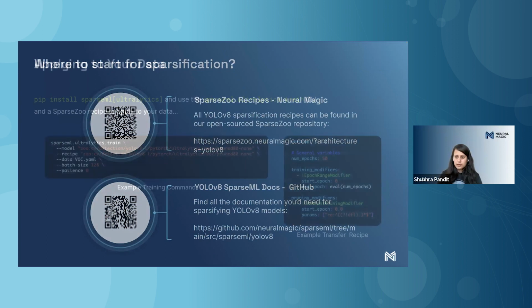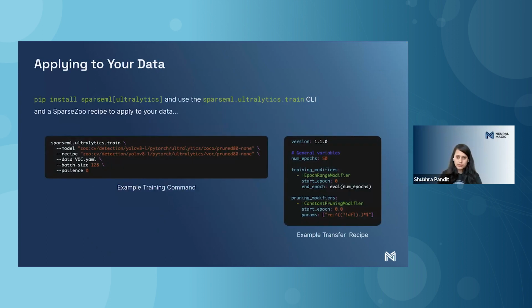And the data path specifies the dataset that you want to fine-tune the model on. By using these pre-sparsified models for your dataset and just fine-tuning them, you can avoid a lot of the time, money, and hyperparameter tuning that is involved with sparsifying a dense model from scratch.